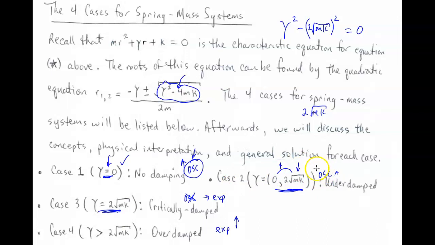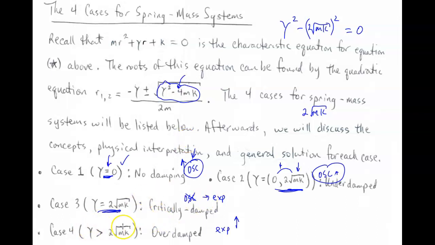For case 2, you have a primarily oscillatory response, but there is an exponential component in there that's going to help make those oscillations decay over time. Case 3 is the case where the thickness of the material in the dashpot is so much that it will try to oscillate, but it's going to act more exponential than oscillatory, though it starts off oscillating, or trying to oscillate.